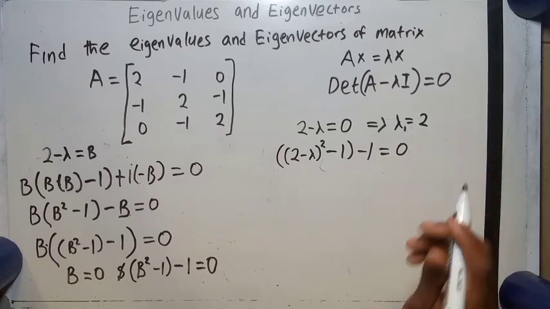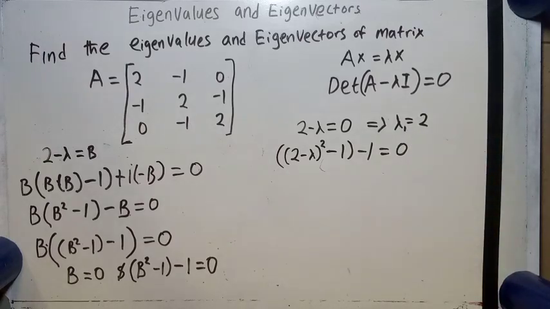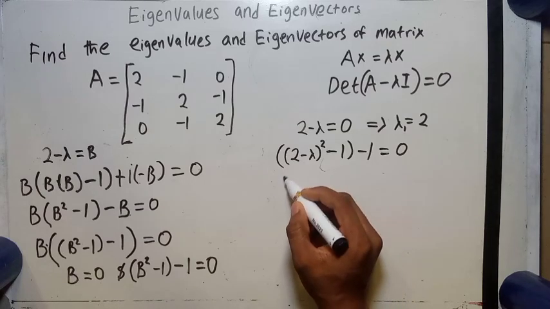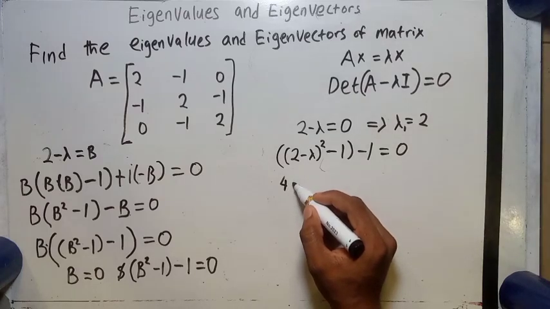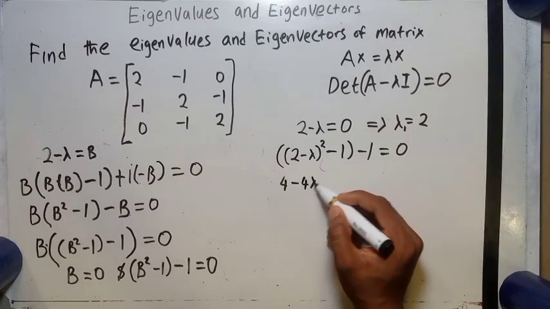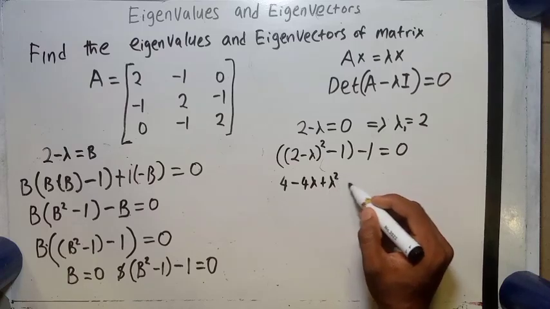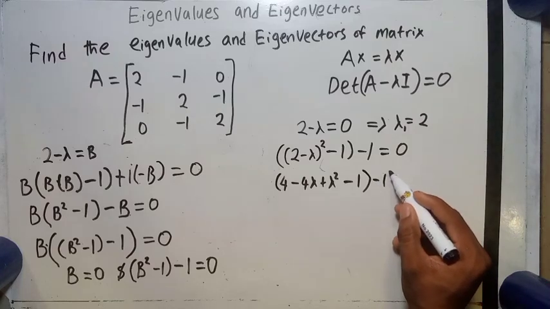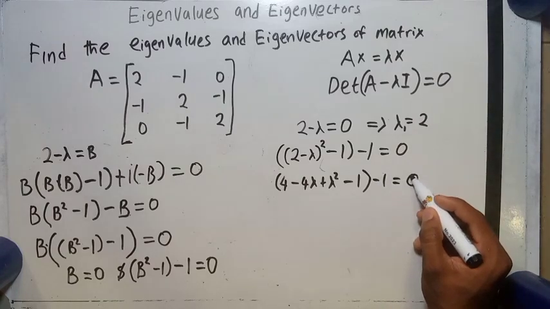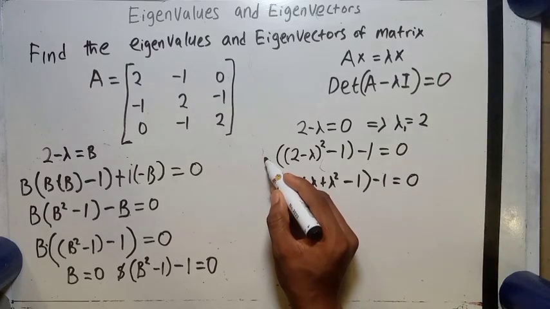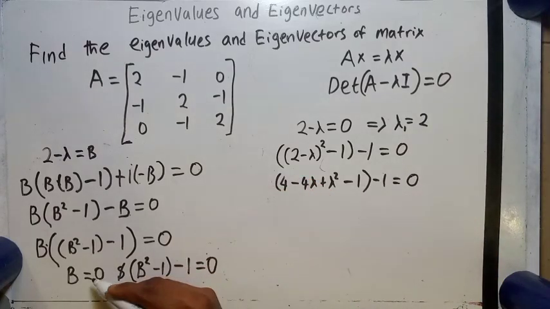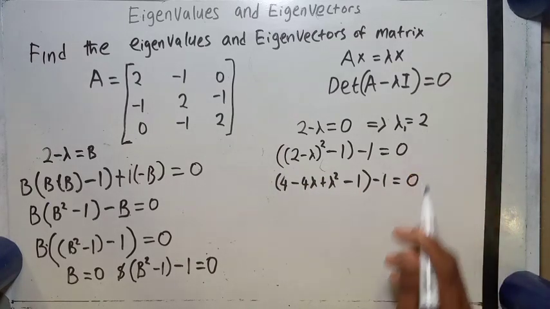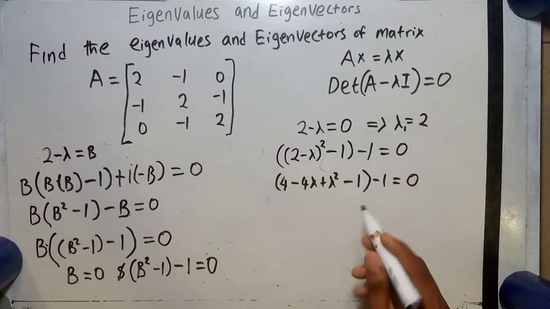So we have gotten our first lambda to be 2. For the other one, if we open this bracket, we have 4 minus 4 lambda plus lambda squared, minus 1 all in brackets, minus another 1 is equal to 0. This is from the second one though. We've gotten our first eigenvalue.